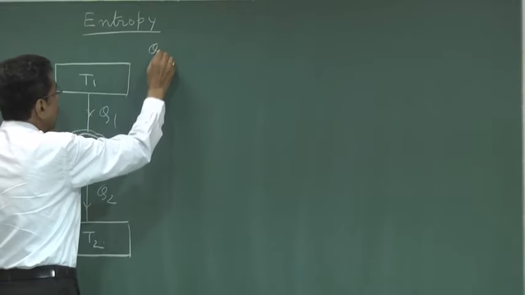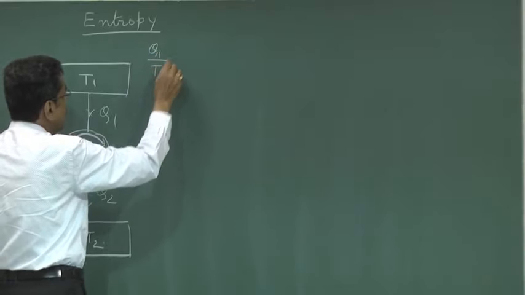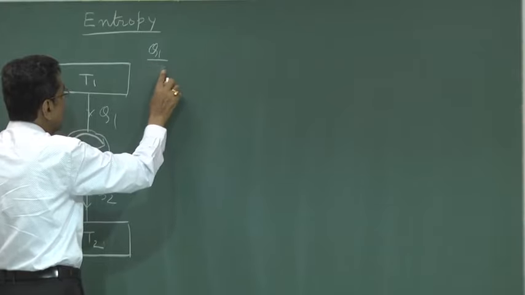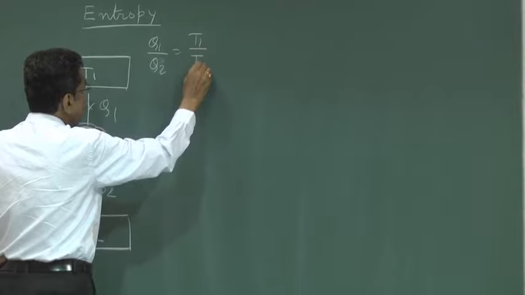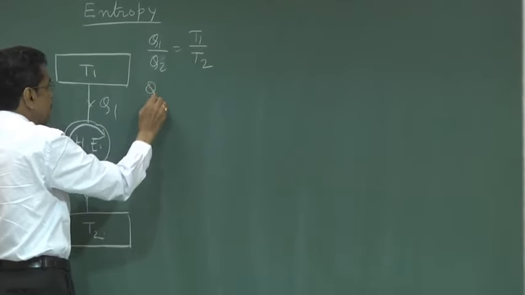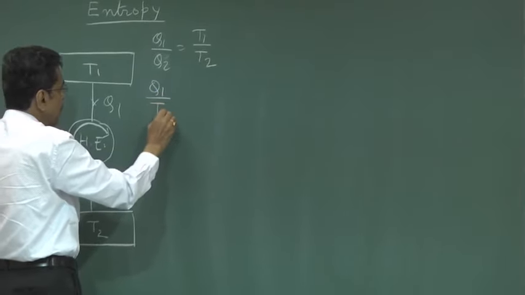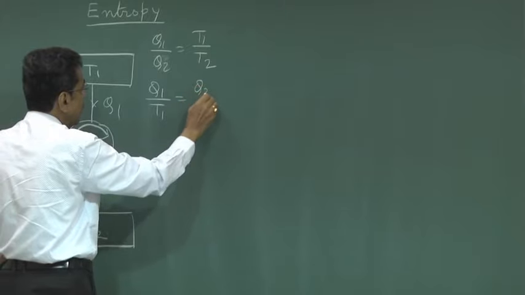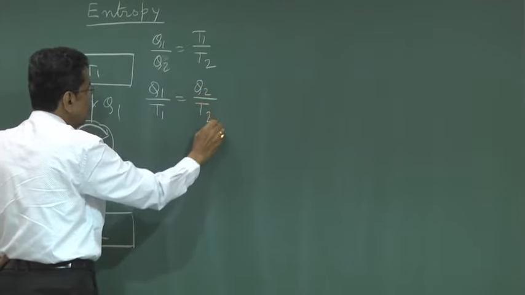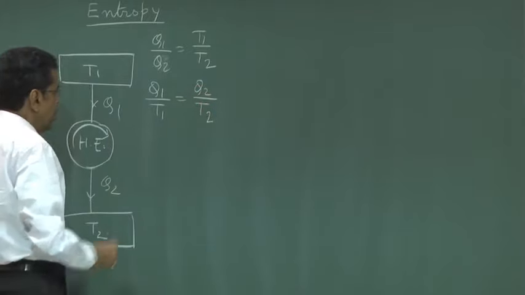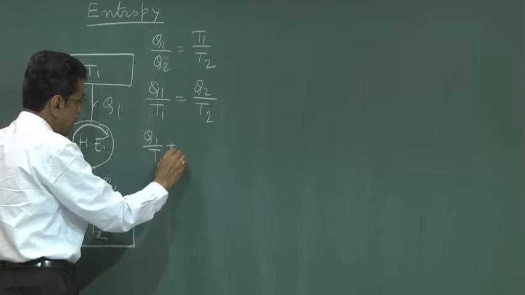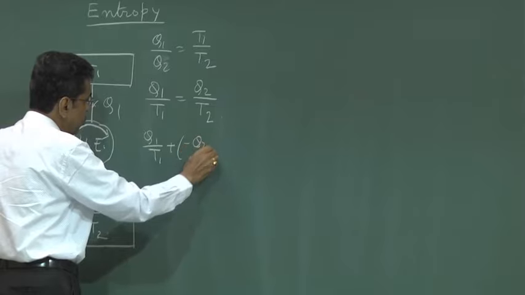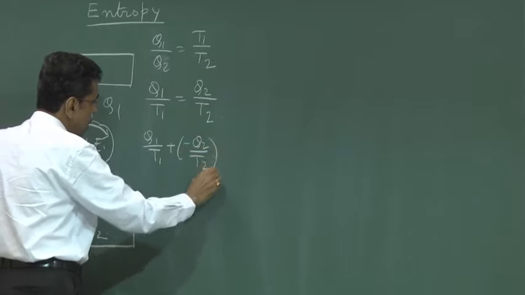We know that Q1 by Q2, first I write, is T1 by T2. This can be written as Q1 by T1 is equal to Q2 by T2. This can be written as Q1 by T1 minus Q2 by T2 equals 0.